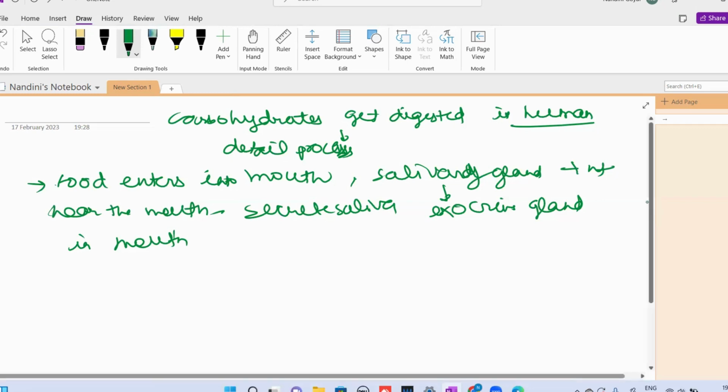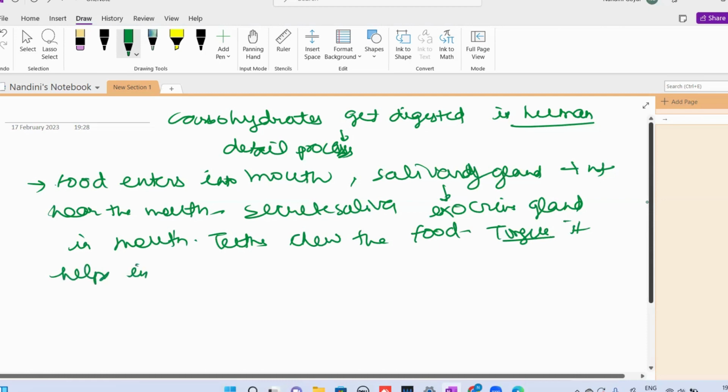Fine. So what is the function of this saliva? First of all, the teeth present in the mouth chew the food. And the tongue, also present in the mouth, helps in turning the food.